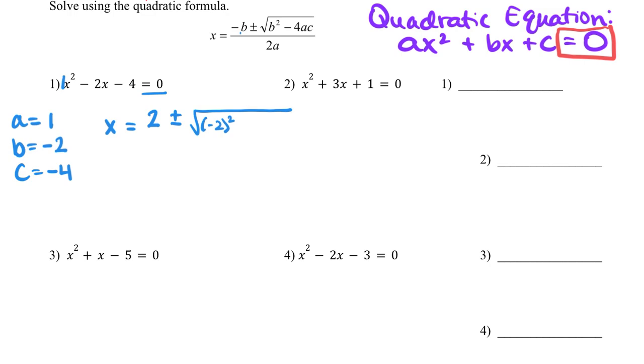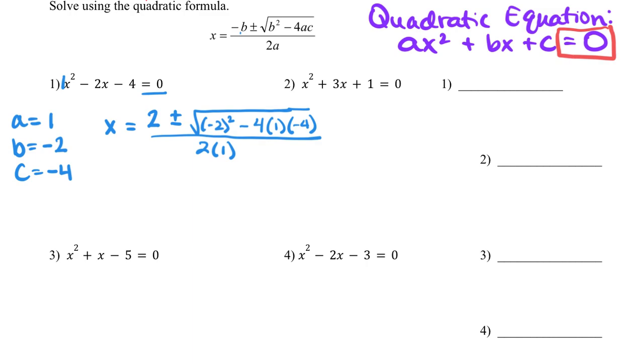It's very important to use parentheses when dealing with negative numbers in a calculator. Minus 4 times my a value, which is 1, times my c value, which is -4. And then that's all divided by 2 times my a value, which is 1.